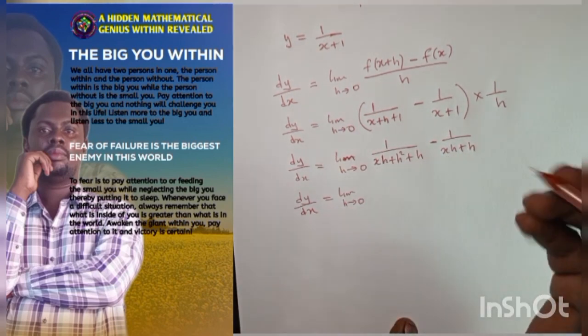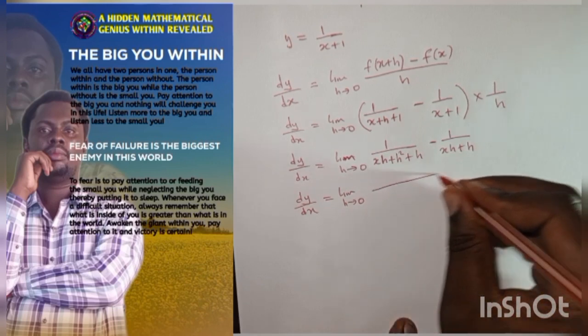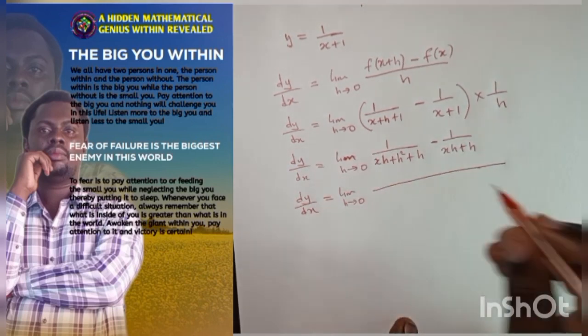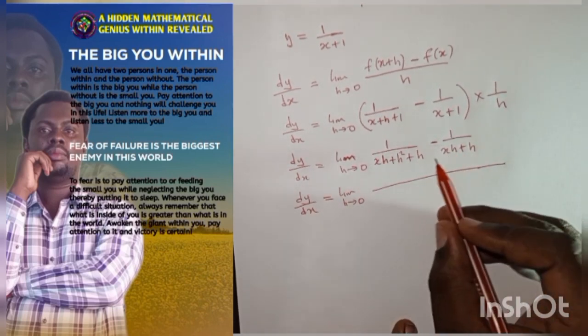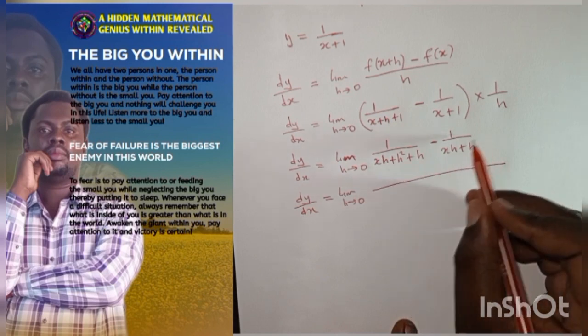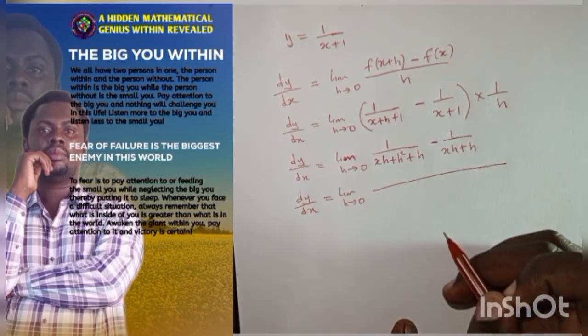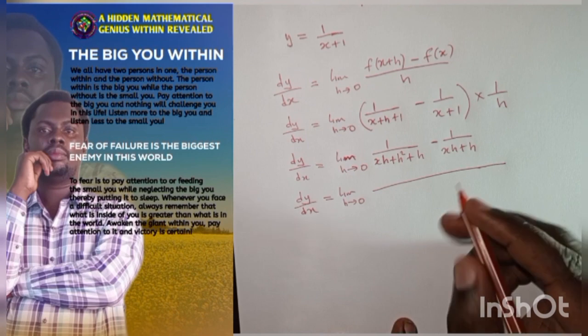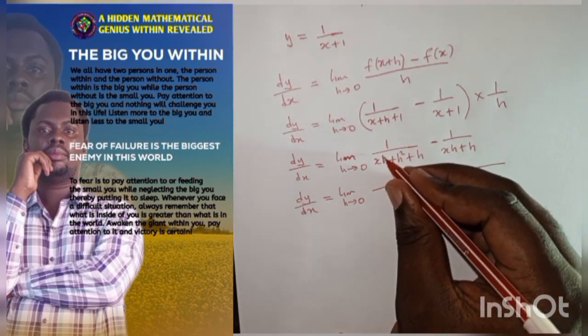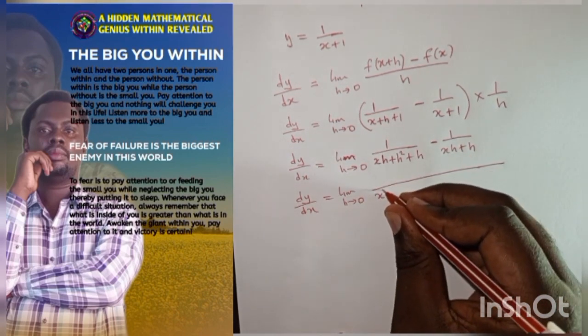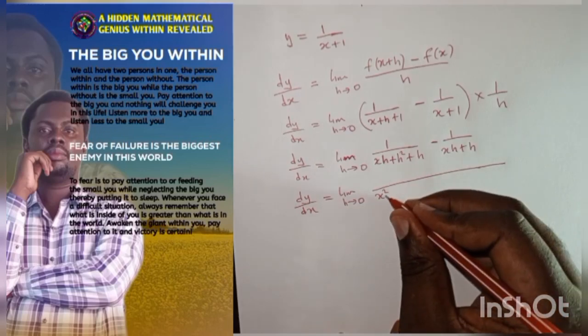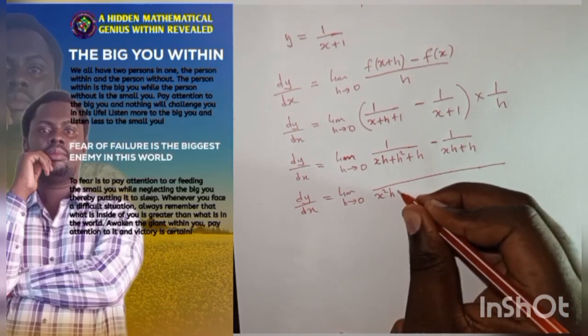When you multiply these two, you get this xh, and we multiply everything here, and plus h will also multiply everything here. So you say xh multiplied by xh, you get x squared h squared.